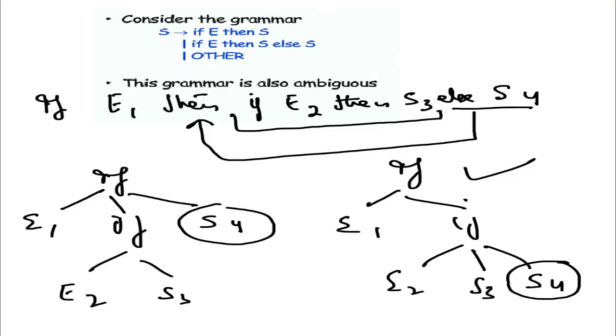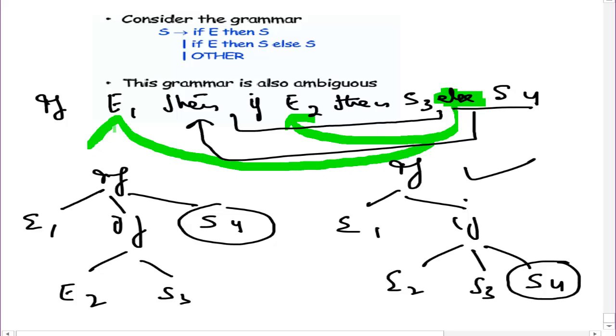Now let's try to understand why the dangling else has a problem here. This else has a problem because we want to see: does it match to the inner if, or to the outer if? So the simple thing is to disallow it. How do we do it? Let us try to comprehend this.